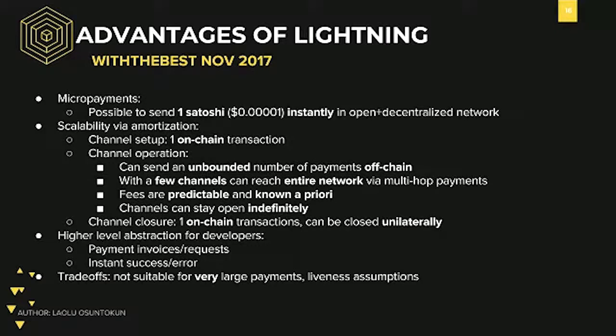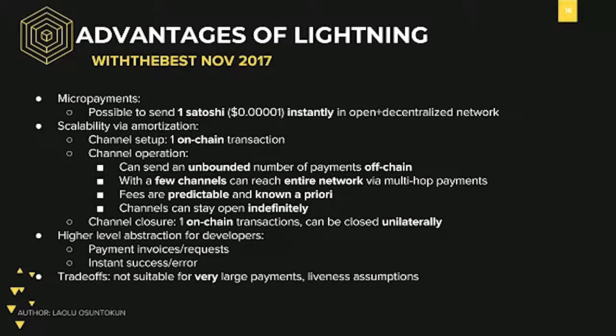Okay, so looks like some questions are coming in. What are the pros and cons of Lightning versus Bitcoin Cash? Good question. Lightning is a layer 2 technology, versus Bitcoin Cash, which is still at layer 1. With Lightning, the idea is we don't want to send every transaction on chain.